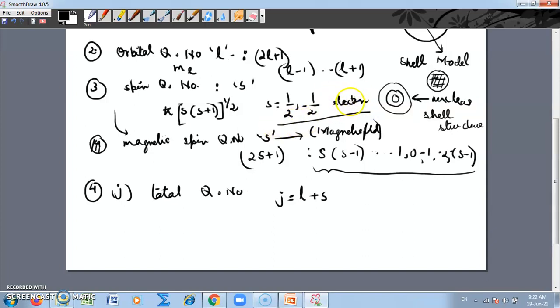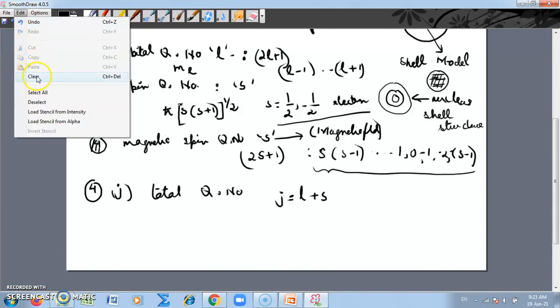We will see that S may have integral and half integral values for different particles. Till now these things are very much known to us and we have worked with them in our atomic physics. Now let's move on to certain properties which are new to a nucleus, which are exclusively related to the nucleons in the nucleus.